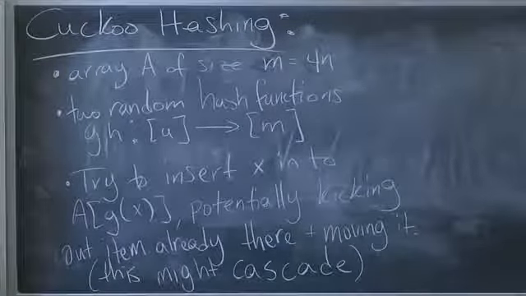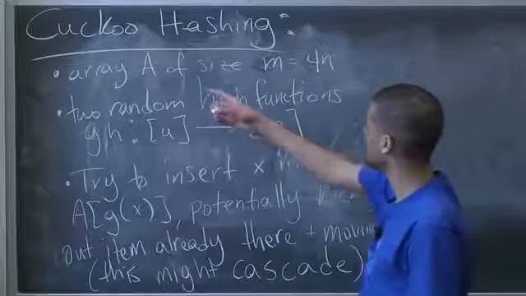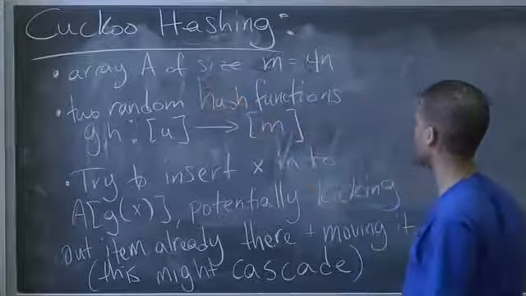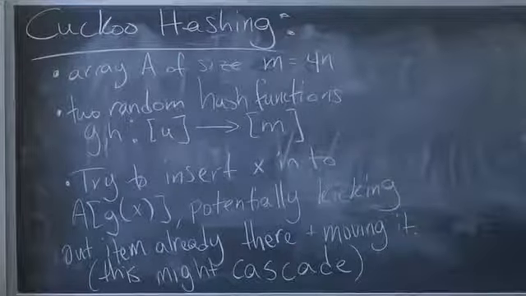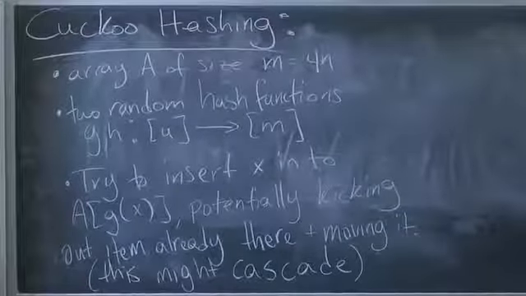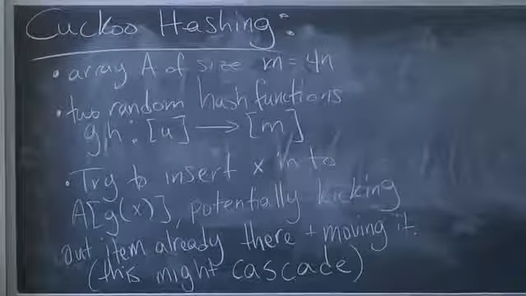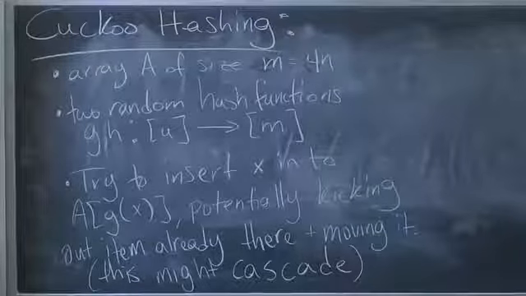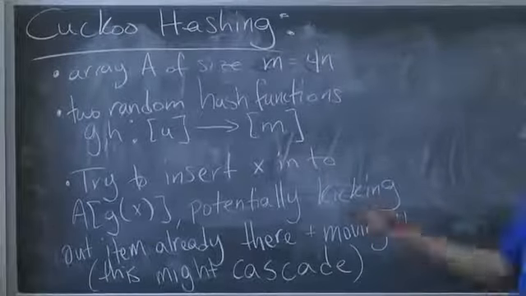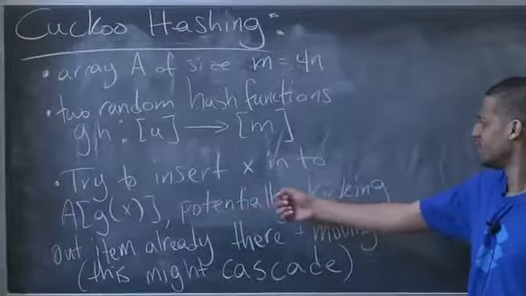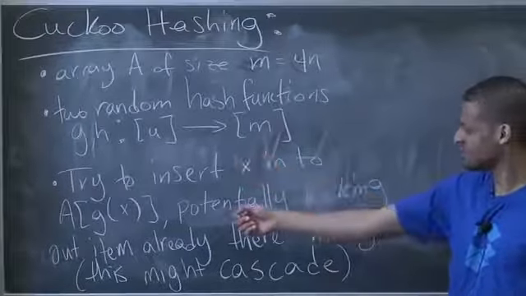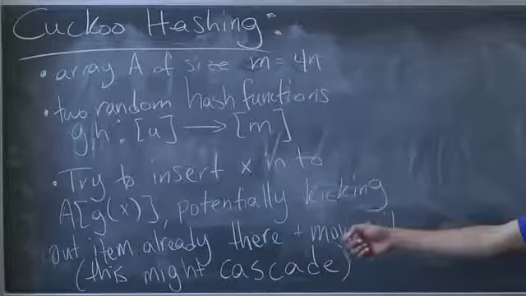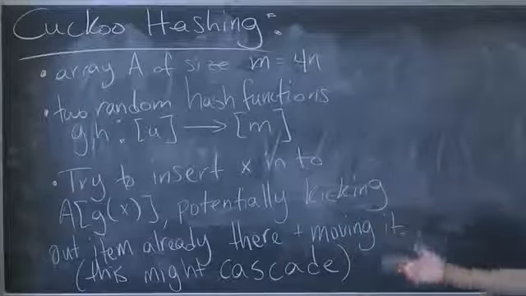Okay, so remember we have an array, our hash table A, of size linear in n. And we have two random hash functions, g and h. When we get an item x that we want to insert, we try to insert it in the g of x-th position. If it's free, we put it there.